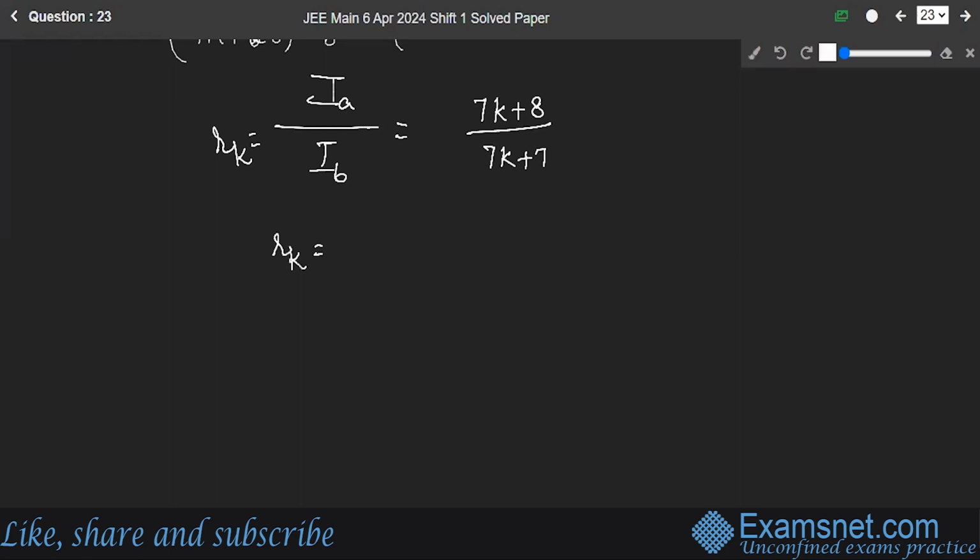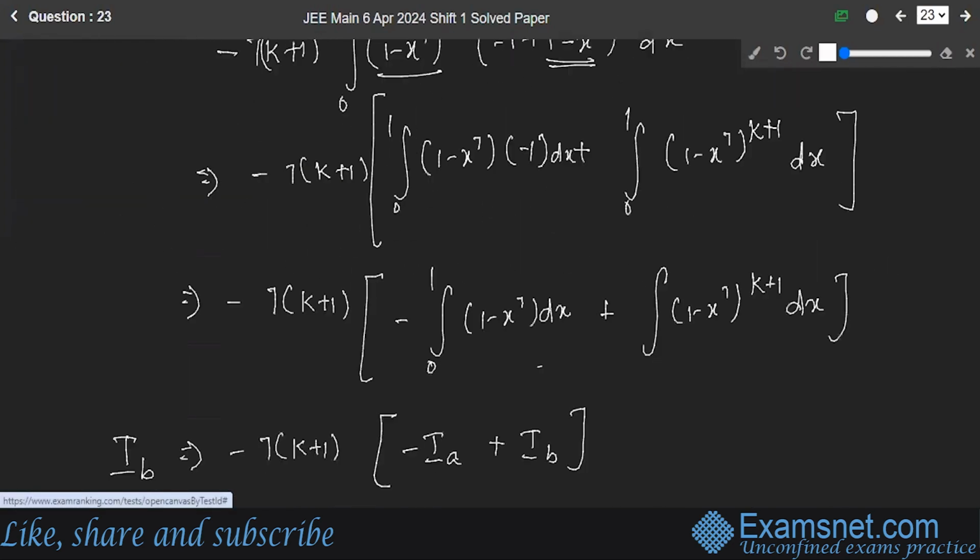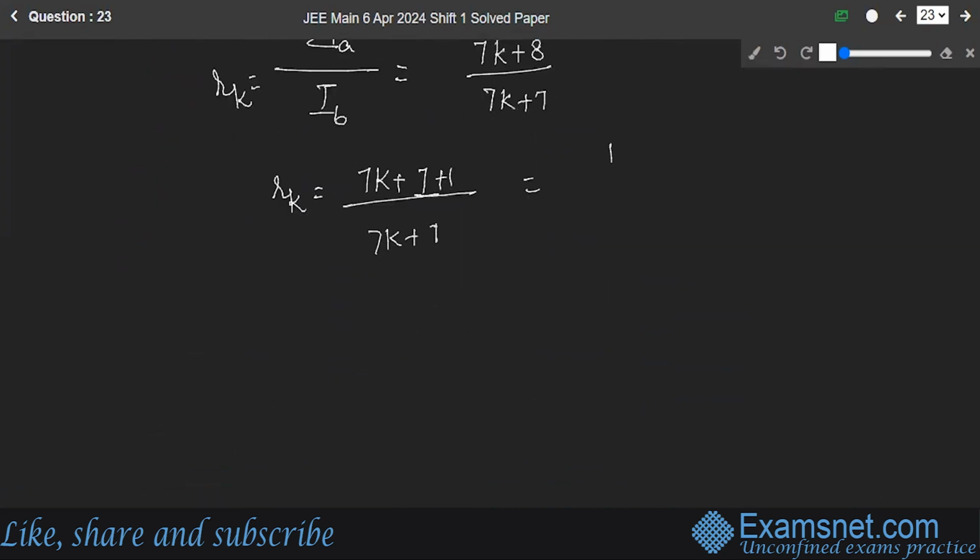Or you can write Rk as this is (7k plus 7) upon, plus 1 upon this. Or this is 1 plus 1 upon (7k plus 7). Let's write it once again properly: 1 plus this. This is your Rk.